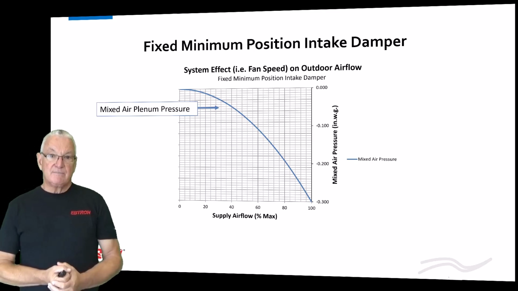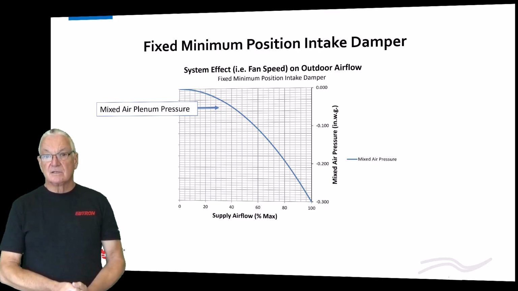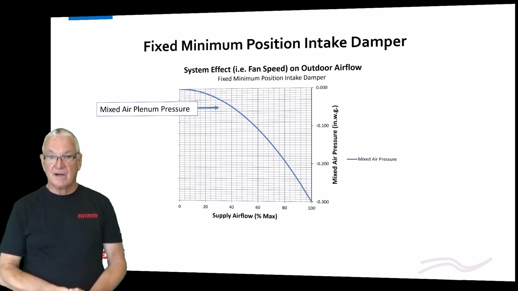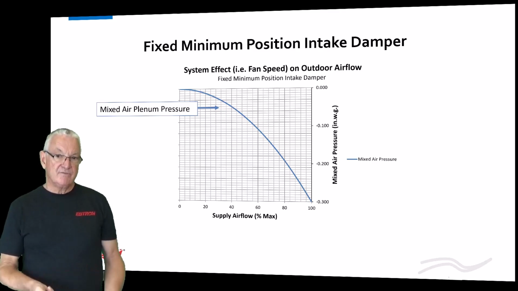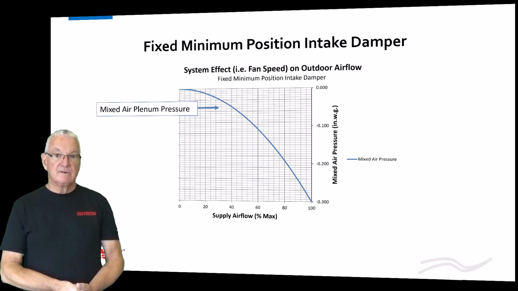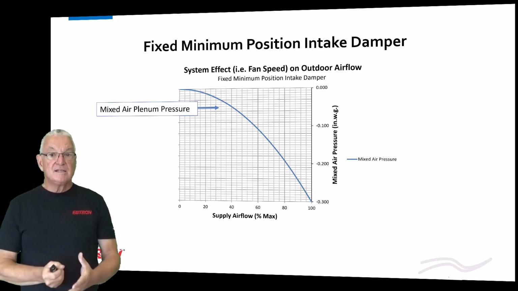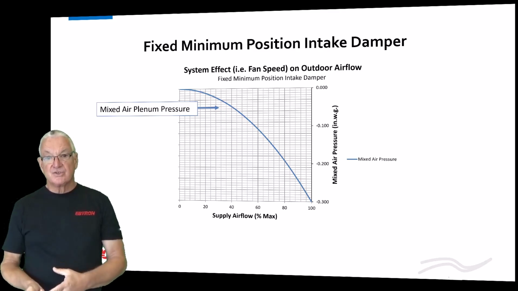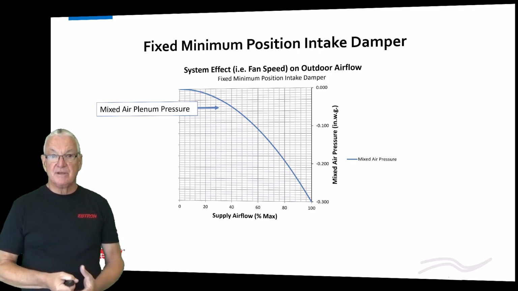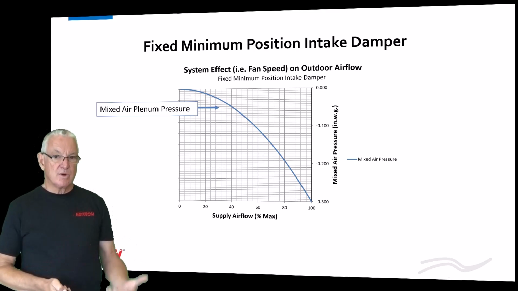Your air handler or system may have a different pressure in the mixing box. Could be less. A lot of your packaged units have less of a pressure drop, and some of your built-up systems have more of a pressure drop. It ends up that the more the pressure drop, the less the problem, but the problem's still going to be there either way. As we reduce the supply airflow rate, we follow this kind of square root relationship.